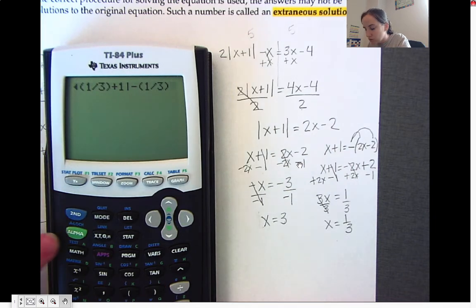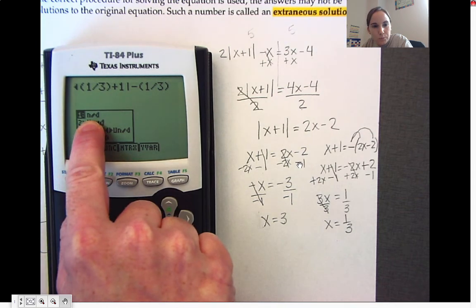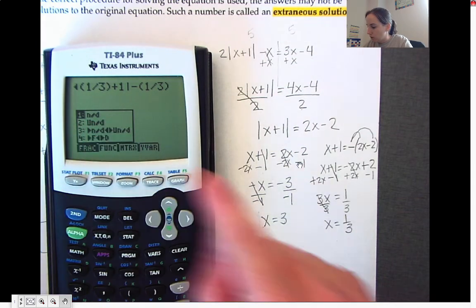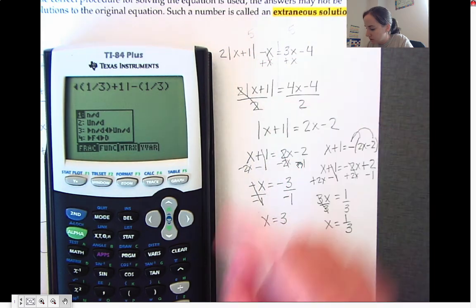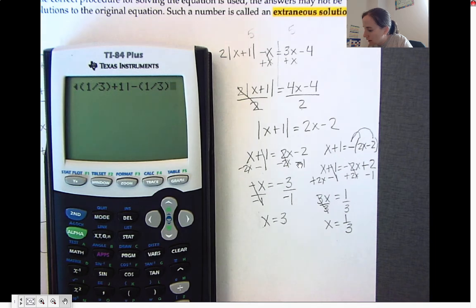You can also use the alpha y equals button, and this right here, n over d, will put it in a fraction form where it's directly a numerator and a denominator. Okay, and let's just see what this equals, because this is the left side of the equation.